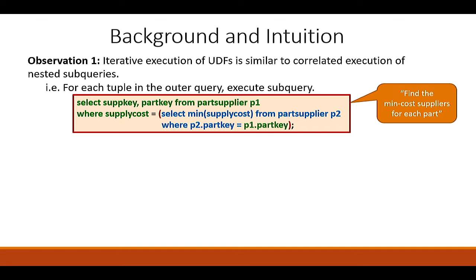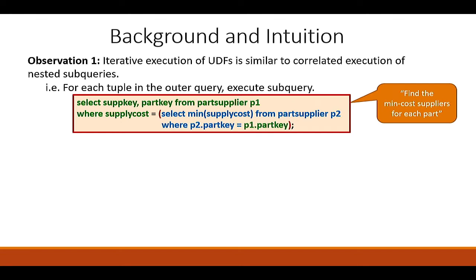So here is an example from the TPCH schema where we are trying to find the minimum cost suppliers for each part. Here there is an outer query in green, and there's a blue nested subquery, and there is a correlating parameter, p1.partKey in this example, where from the outer query you pass a parameter and then you evaluate the subquery and then evaluate the predicate.